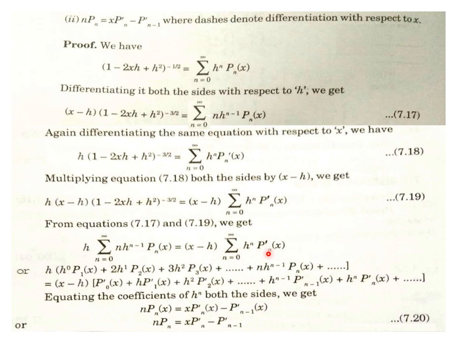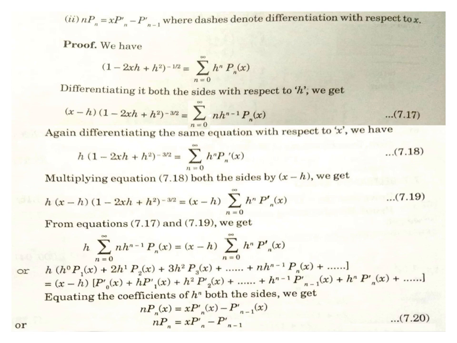And then in the next step we are expanding this sigma in the left hand side, as you can see, and that sigma is expanded in the right hand side as well. What we are doing is equating the coefficient of h to the power n on both sides. How?